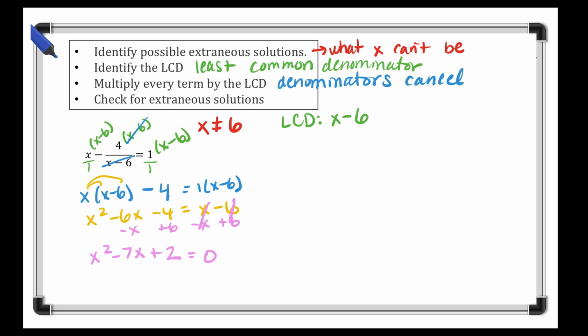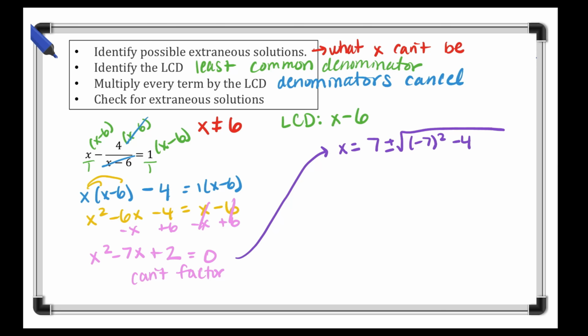Now when you look at that, you're going to see, well, to solve a quadratic, I can either factor or use the quadratic formula. So here, I can't factor this. So what I'm going to do is put this in my quadratic formula. So I have x equals the opposite of b, so that's a positive 7, plus or minus the square root of b squared minus 4 times a times c, all divided by 2 times a, or 2 times 1.